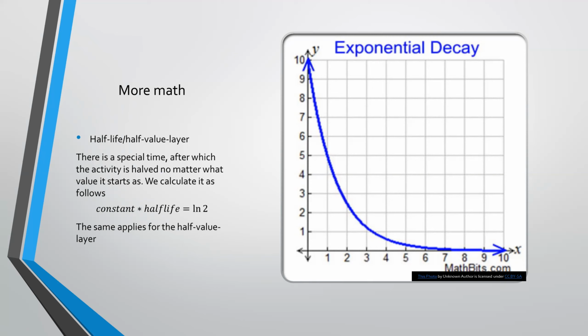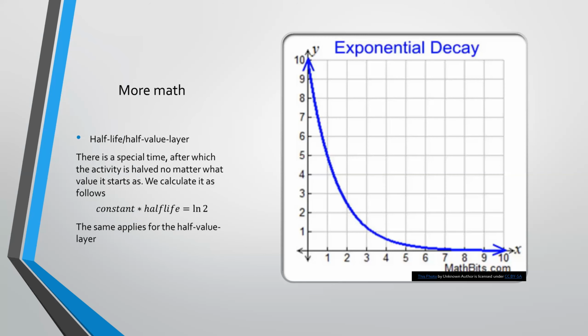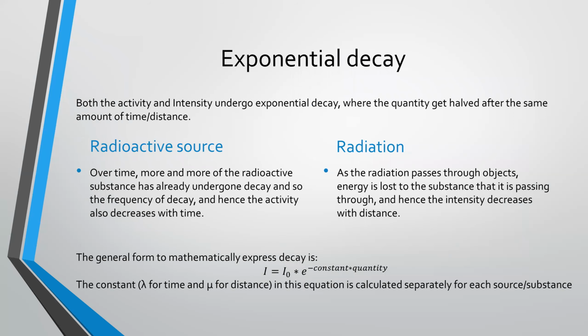Similarly, the half-value layer is how many meters of material the radiation has to pass through to become half intensity. If we substitute in this equation, the ratio I naught by I will be 2.